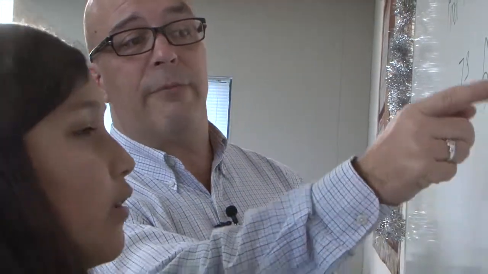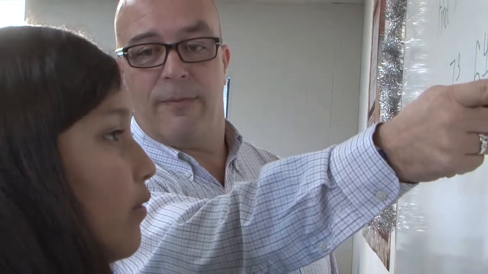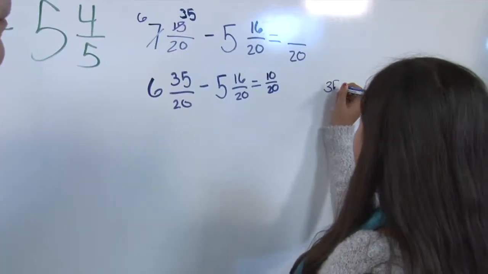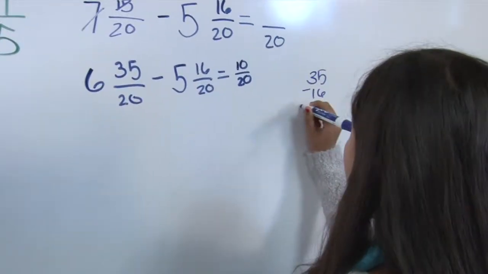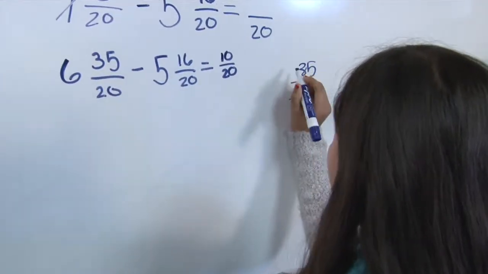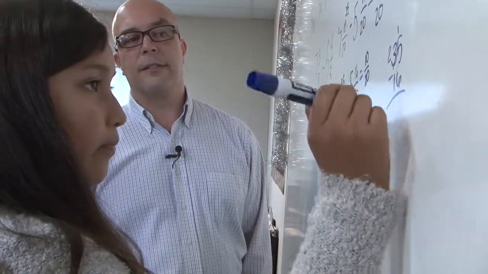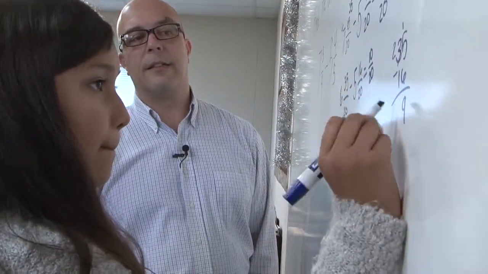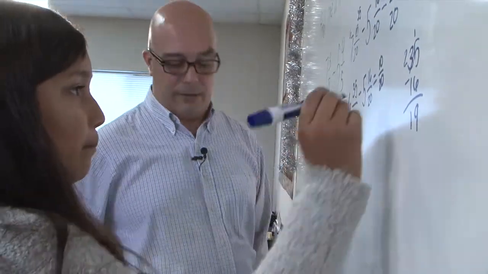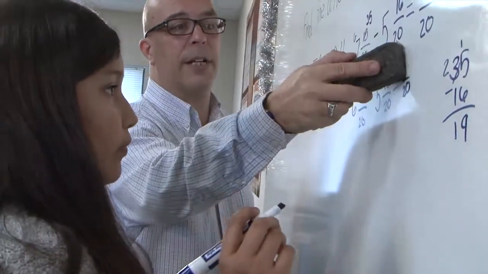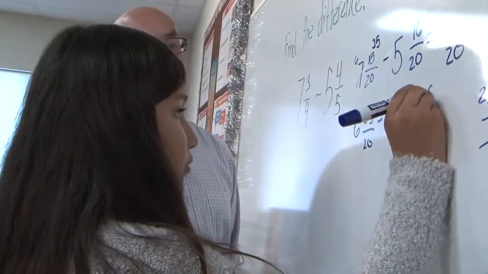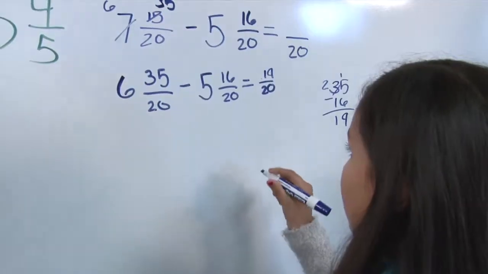Because 35 minus 16. So if you want to work it out on the side over there, do 35 minus 16. 19. There you go. So instead of the 10 twentieths, we're going to have 19 twentieths. Perfect.